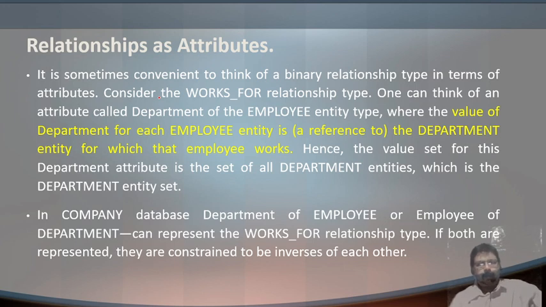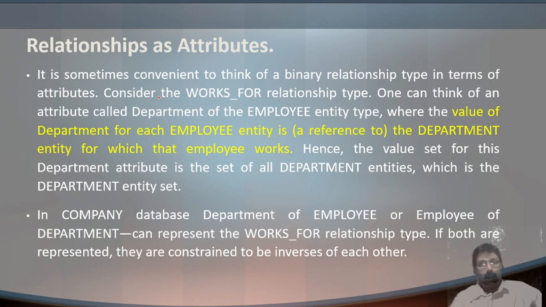That means an employee who is working in a company is associated with a certain department, and that creates a works for relationship. We can also say that the value set for this attribute is the set of all department entities, which is the department entity set.